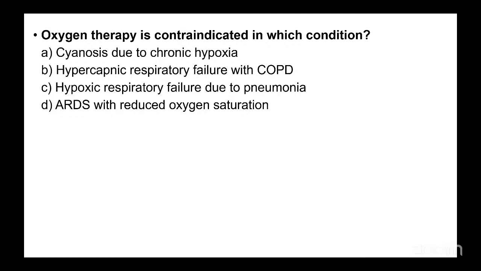Say his oxygen saturation is coming to 70%. Now you give him oxygen. It reaches 88, 90%. You shouldn't think, okay, a normal person is 97%, let's keep giving him more and more oxygen. That is not something you usually do in a condition like COPD. Why? Because COPD is a chronic condition. There are problems with oxygen, and he will usually have a higher amount of carbon dioxide, and the body is adjusted to that.